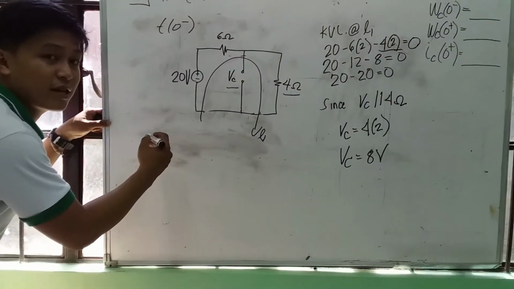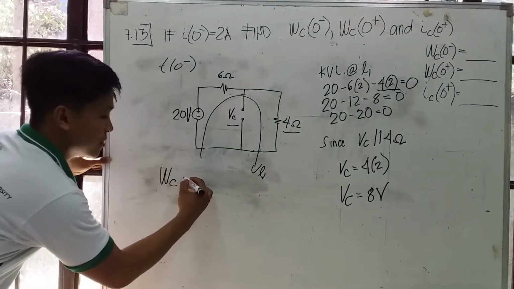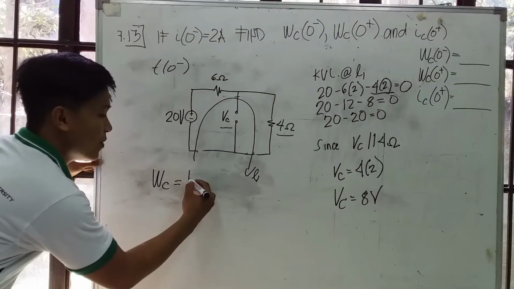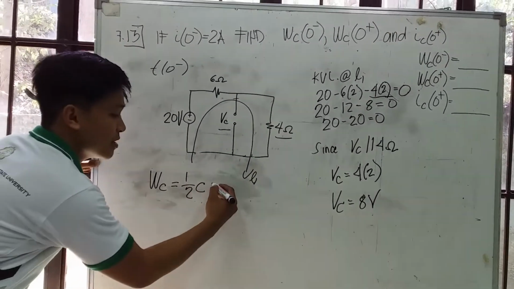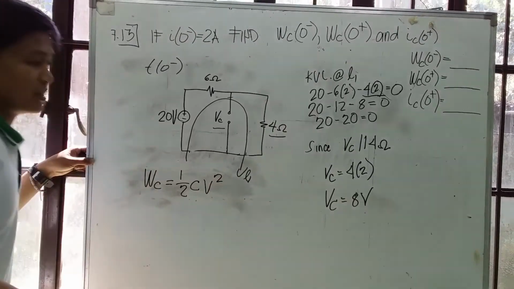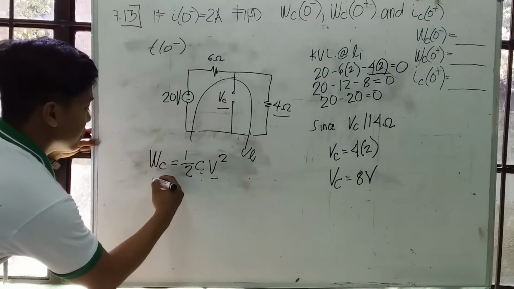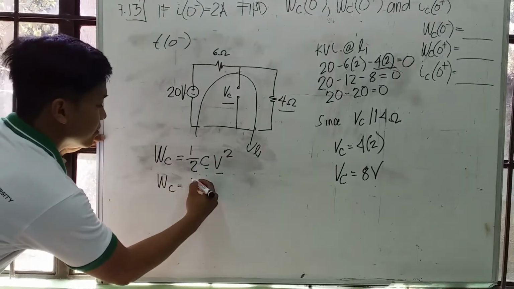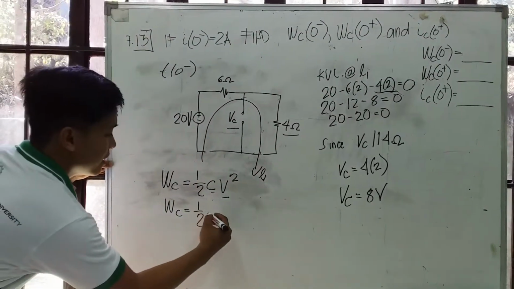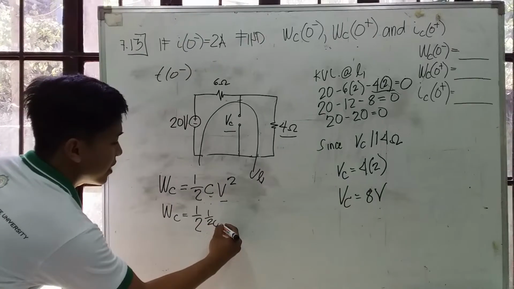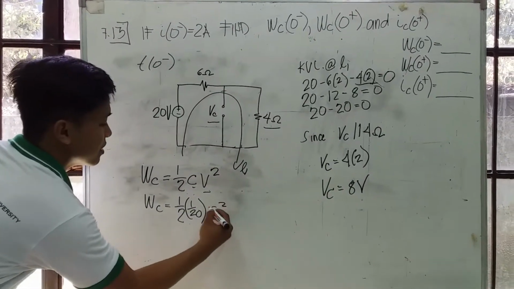Now we will get the work for the capacitor, which is WC, equals the formula for work, 1/2 times the value of the capacitor times the squared voltage. Now we substitute the values for capacitor and voltage. WC equals 1/2 times C equals 1/20 farad times the squared voltage, 8 squared.